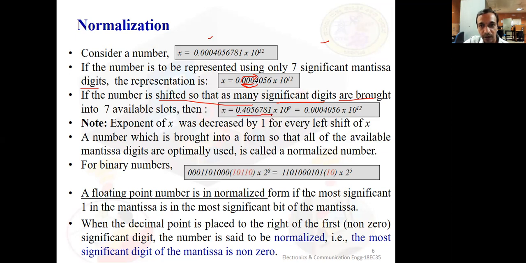So I will get 0.4056781, right? And as I said, when you move the decimal point or the binary point towards the right, the exponent is decreased. When you move the decimal point to the left, the exponent is increased. So here the original number had 10 power 12 as an exponent or scale factor.